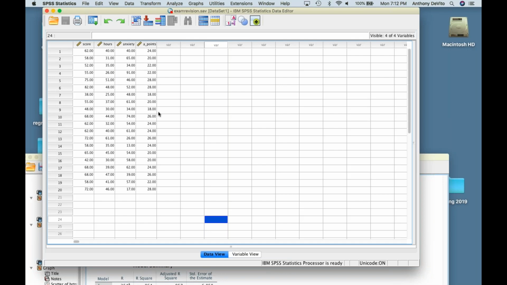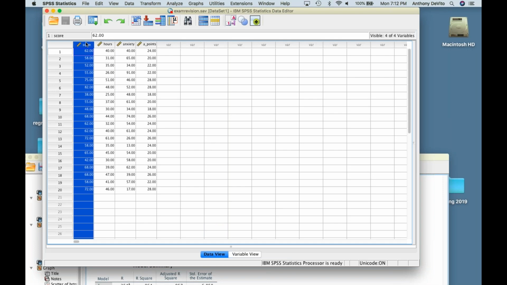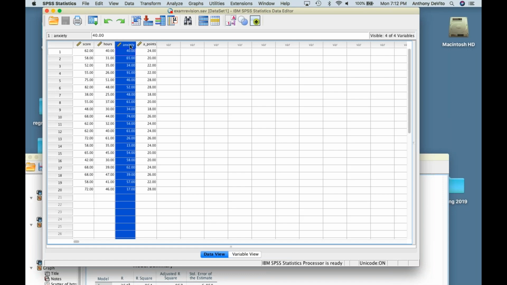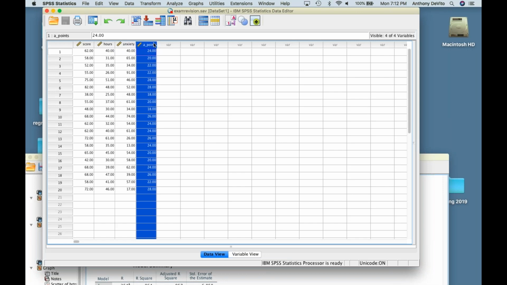Okay, so let's say that we want to create a formula. We want to find a way of predicting how well a student will perform on a test, given the amount of hours he puts into studying, his anxiety level for taking tests, and some other score that's based on his academic background.